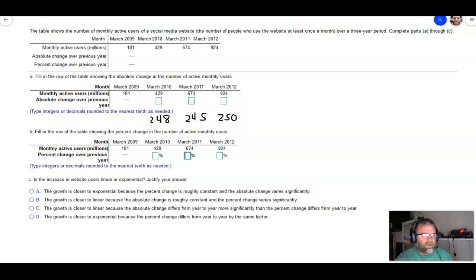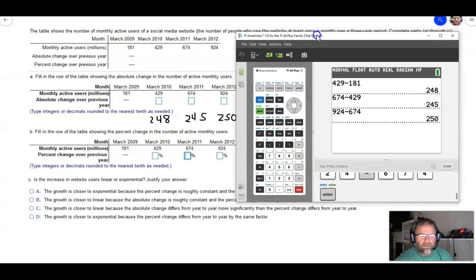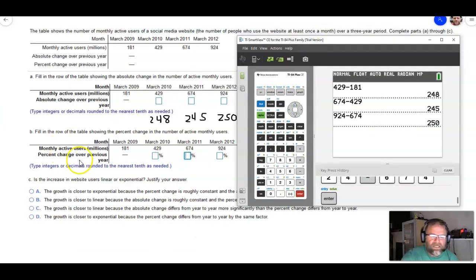All right, so the next question here is asking for the percent change over the previous year. So the previous year, that's going to be on the bottom of our quotient. And the percent that it increased or decreased is going to be on the top. And that'll give us the percent change.